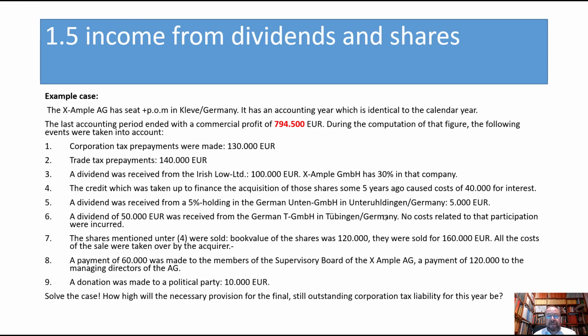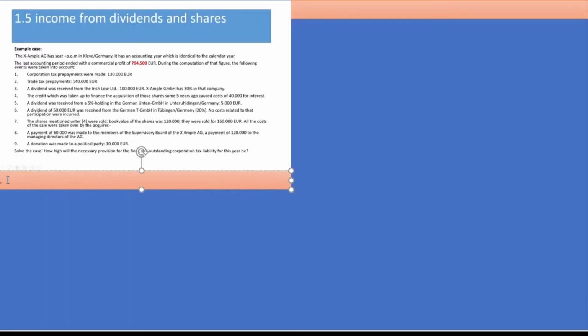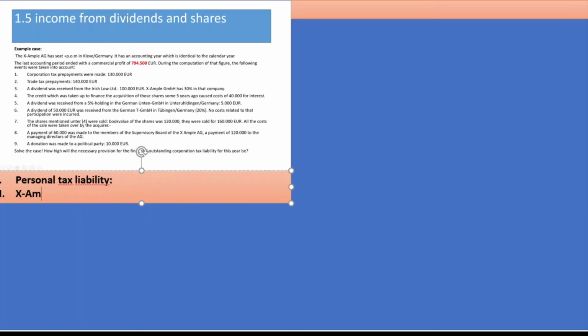And that is what we have to do just now, just to finish today's lecture. So let's begin again. Personal tax liability. Example, AG is a juridical person, so KStG applies.